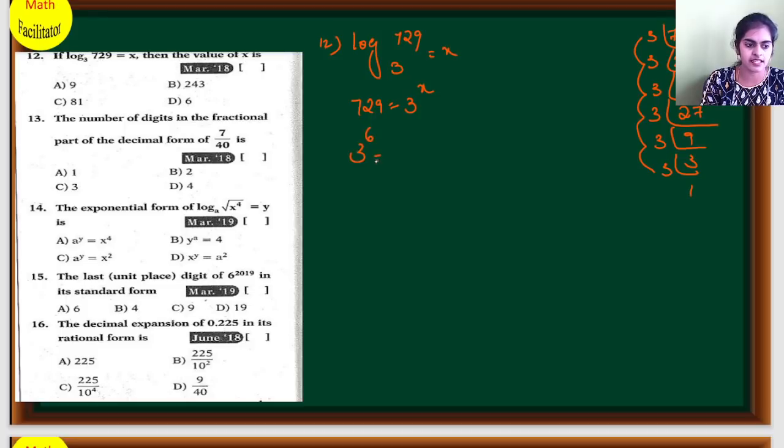So 3 power 6 equals 3 power x. Since the bases are equal, you can equate the exponents. So x will be 6.